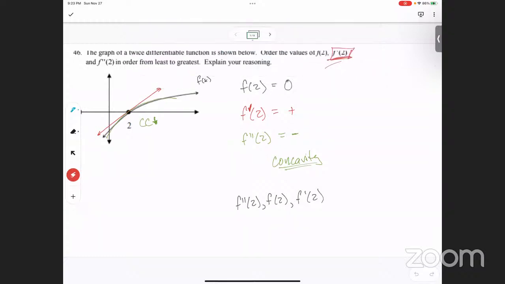I tried to solve this based on my assumption that this graph was f double prime, the double derivative, right? You wouldn't be able to do that.